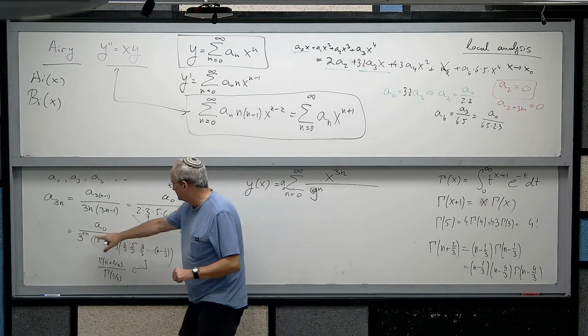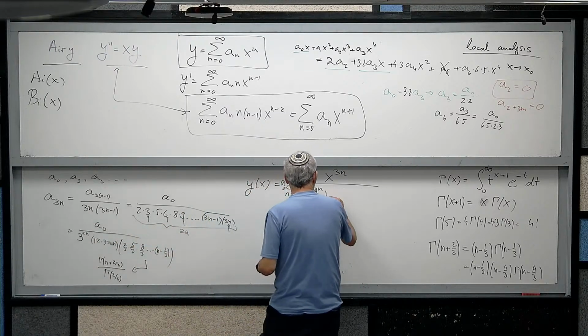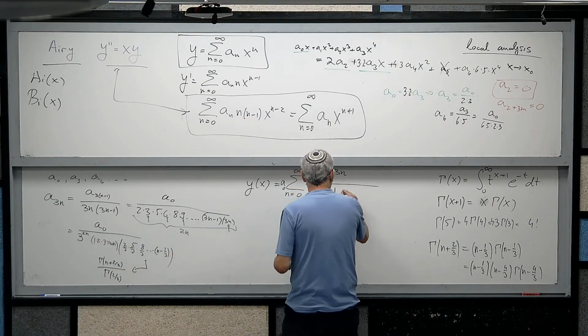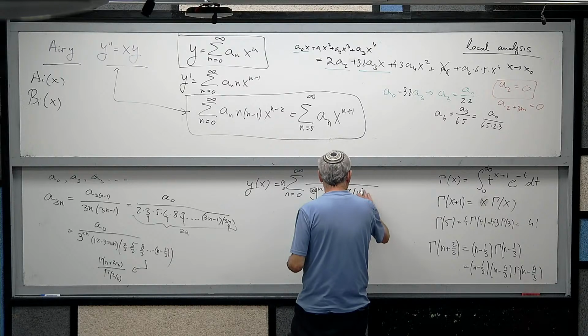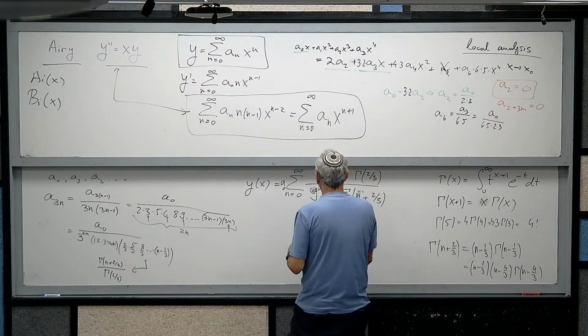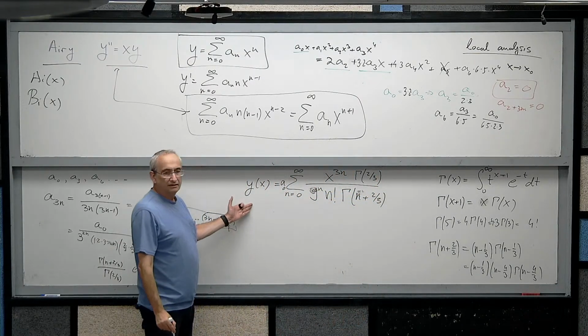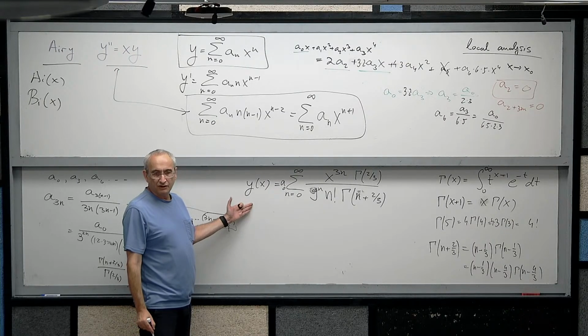Why 9? Because 3 to the power of 2n is 9 to the power of n, times n factorial times gamma of n plus 2/3. And here I have gamma of 2/3. Good.